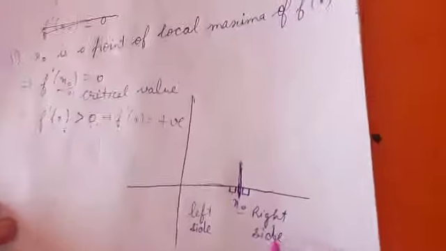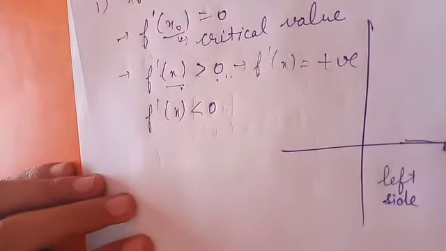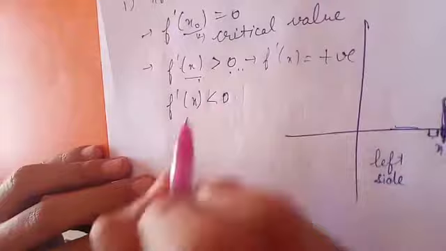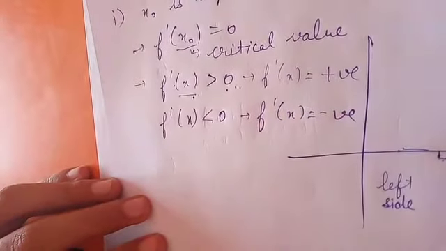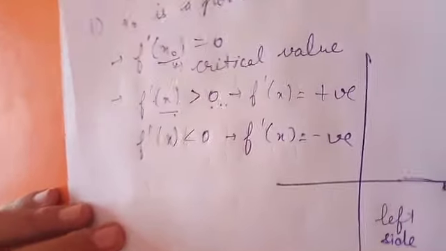Then we will take values on the right hand side, and if we do the differentiation we get f dash x less than 0, meaning f dash x is negative for these values. Then the point is local maxima.